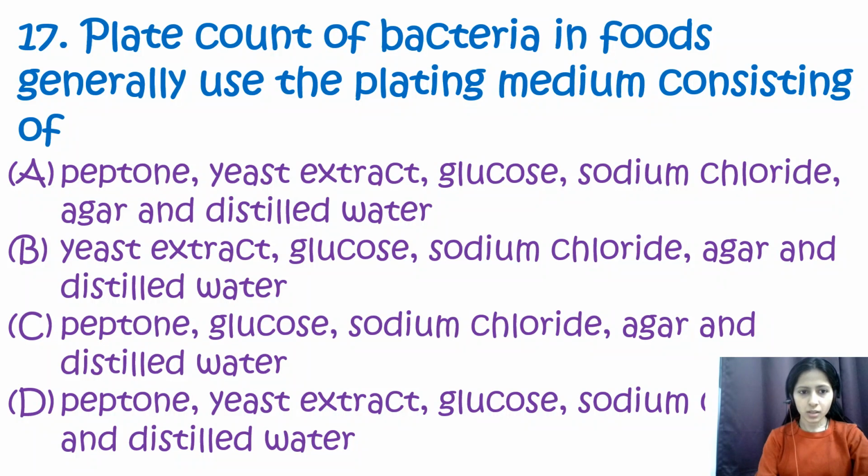So the correct option is option A, that it will contain peptone, yeast extract, glucose, sodium chloride, agar, and distilled water. Peptone and yeast extract are responsible for providing nitrogen and other nutrients which will support the growth of the bacteria, whereas glucose provides the source of energy.